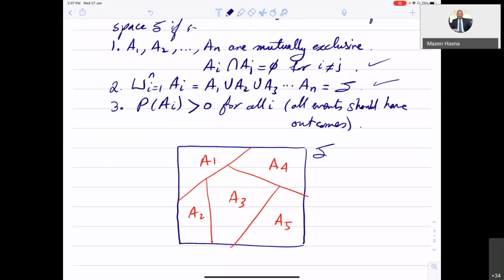And the third one, probability of A is greater than 0. So at least I have one outcome in each event. I might have more, of course, but at least you should have one outcome so that the probability of that event is non-zero, positive.